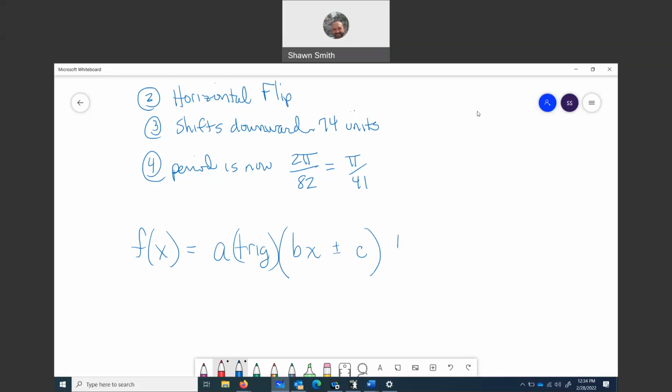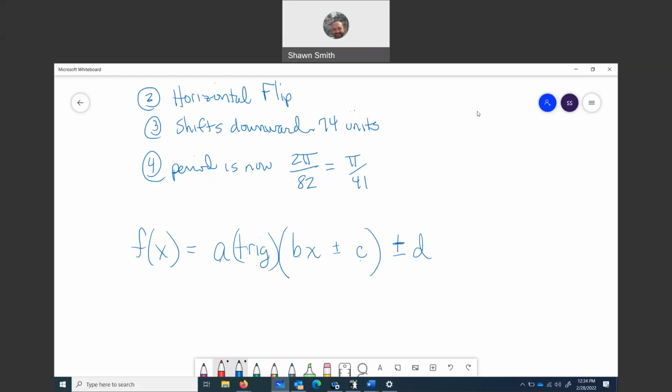And then plus or minus some d. So the a tells me my amplitude. The trig function right now is just sines and cosines. B tells me how the period is adjusted. And then plus or minus the c right here, we'll look at this next time.